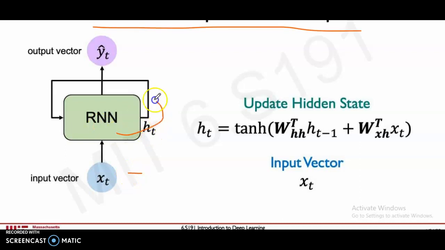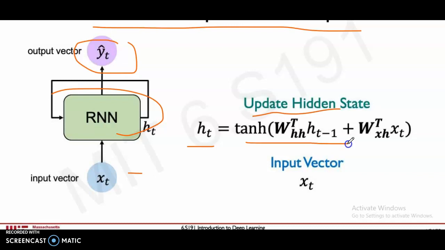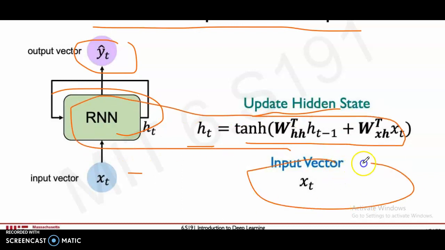Input vector, RNN state, target output. Y-hat, update hidden state h_t equals tanh of W_hh h_{t-1} plus W_xh x_t. This input here is updating the hidden state.